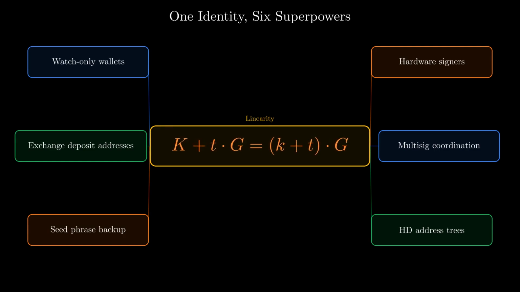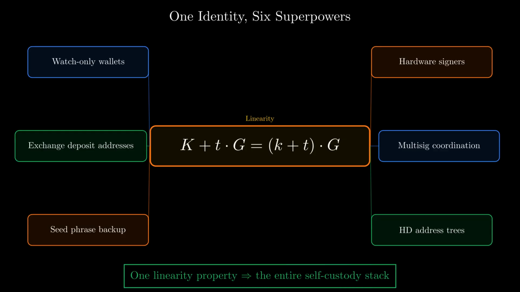One line of algebra, capital K plus T times capital G equals the quantity little k plus T times capital G, underpins the entire user experience of self-custody. The linearity of elliptic curves is doing the heavy lifting every time you generate a new address. That's the math making hardware wallets work.